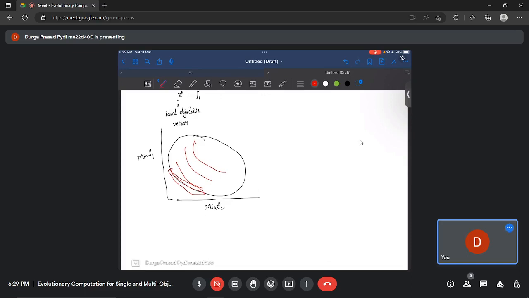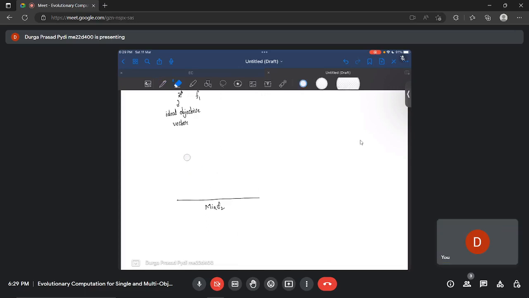So that is your Pareto front. If we can use our genetic algorithm to solve this problem, that essentially is the NSGA algorithm. NSGA is essentially non-dominated sorting. Now this is an EC method.